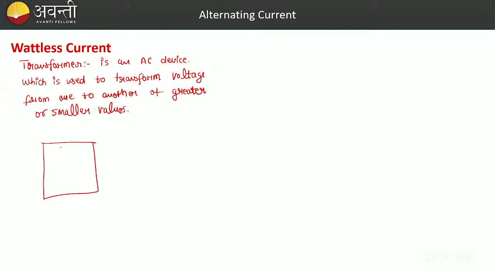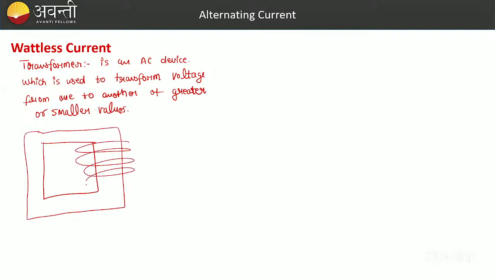This is the outline structure of the transformer. Here we have some coils wound on two limbs of it. One of the limbs is termed as the primary limb. This is the primary, and this is the secondary.